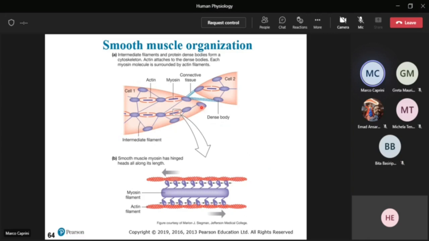But obviously the smooth muscle cells are smaller compared to the skeletal muscle. In some cases, there are structures called caveolae, which are stores for calcium ions.